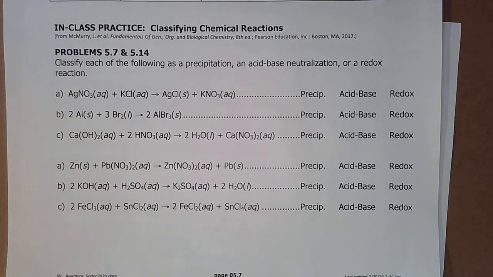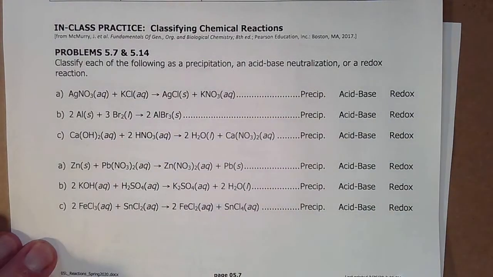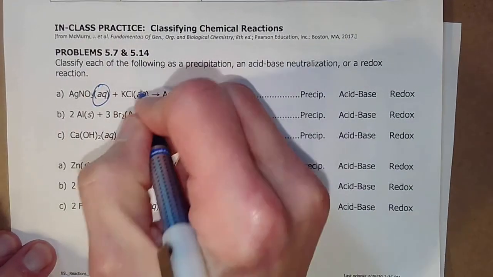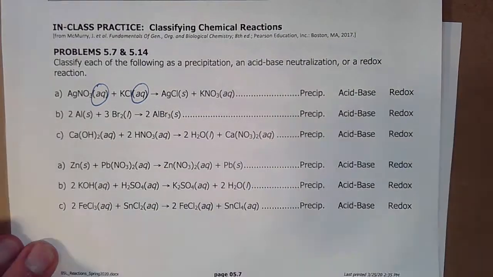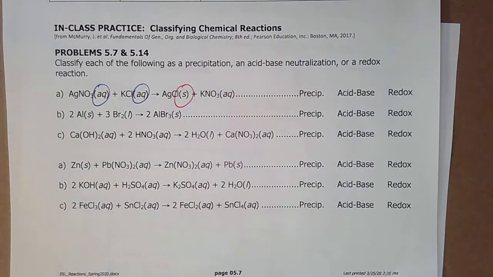So if I look at this first reaction, and I see, well, aqueous, solid. Well, let me say this. What I should have said, I'd edit this out if I knew how. What I'm going to say is, pause the video for a minute, go through A through C, and see if you can identify these as what type of reaction.